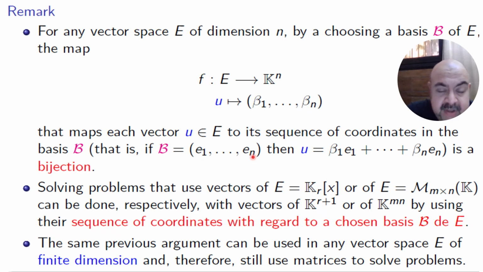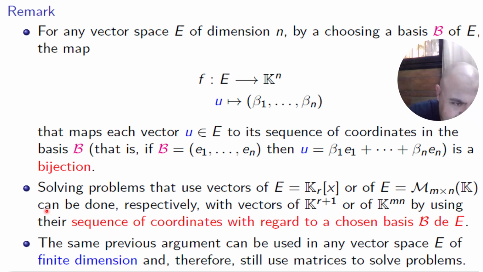Solving problems that use vectors of E, or other objects like polynomials or matrices, all you have to remember is the dimension, which is related to the nature of the objects. The dimension for Kn, like Rn, R2, R3, R4, is equal to n. But in the case of polynomials, the dimension will be r plus 1.